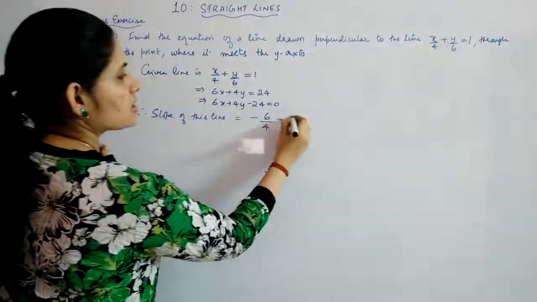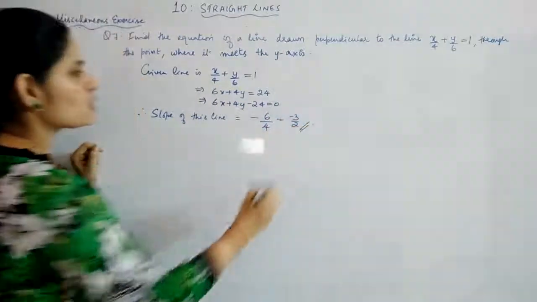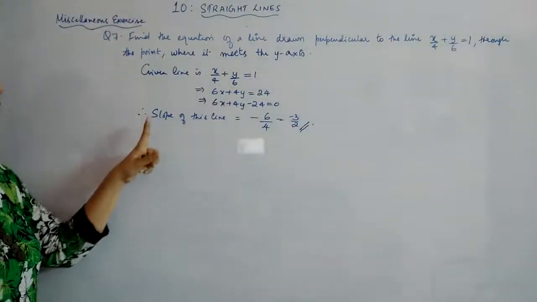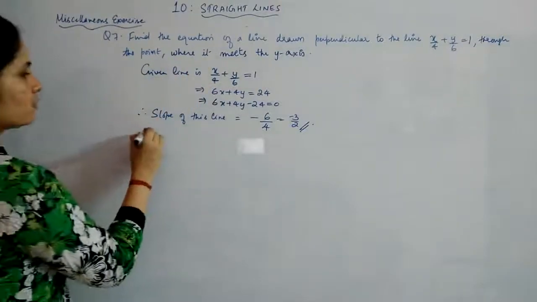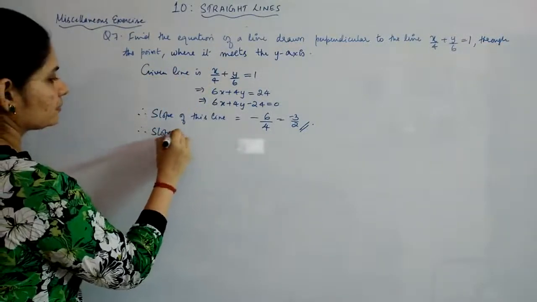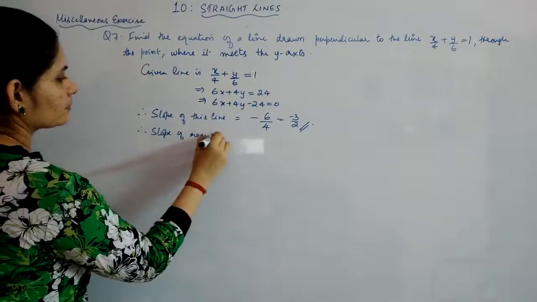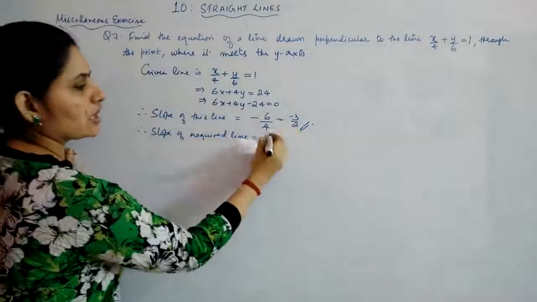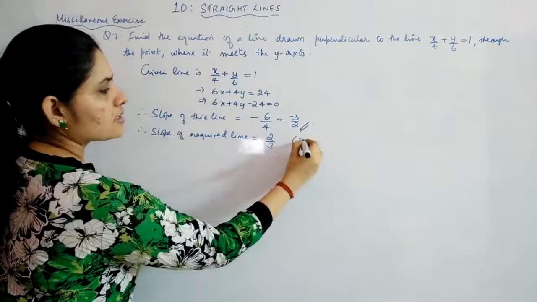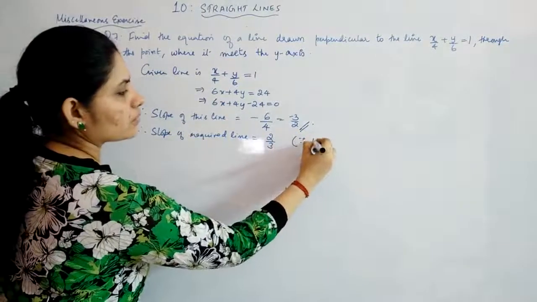So you are getting minus 3 by 2 as the slope of the given line. Now you can find the slope of the required line, which is perpendicular to this line. Therefore the slope of the required line is equal to the negative reciprocal of this, that will give you 2 by 3, since the two lines are perpendicular.